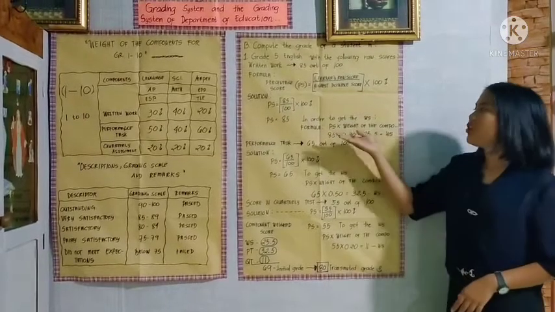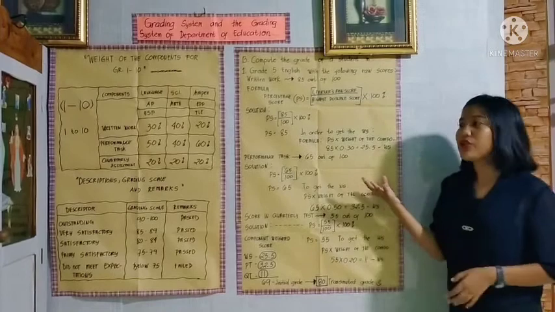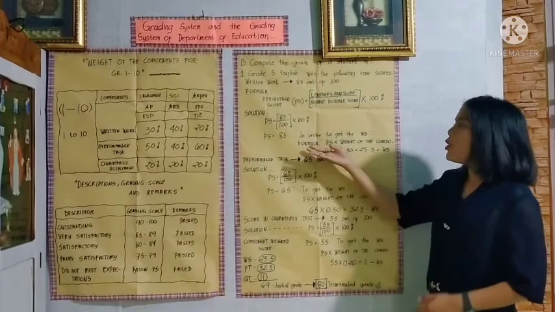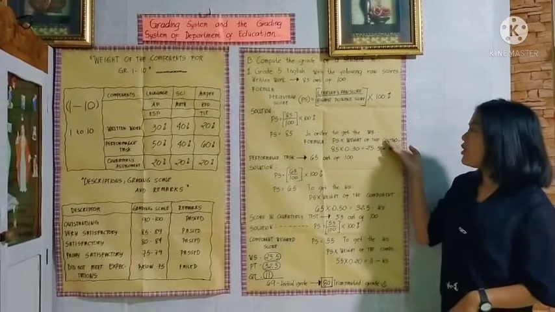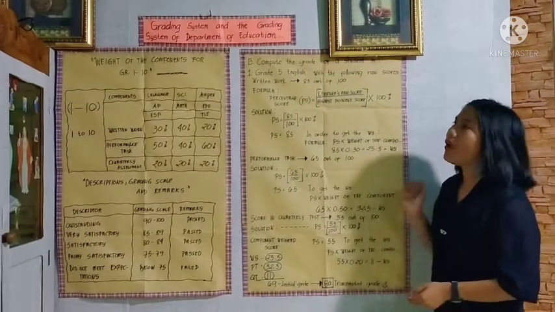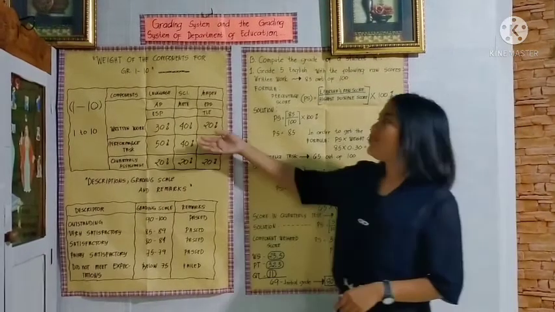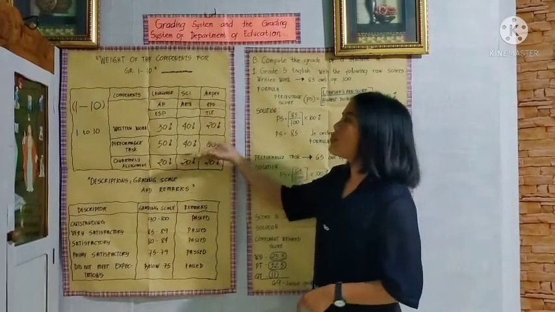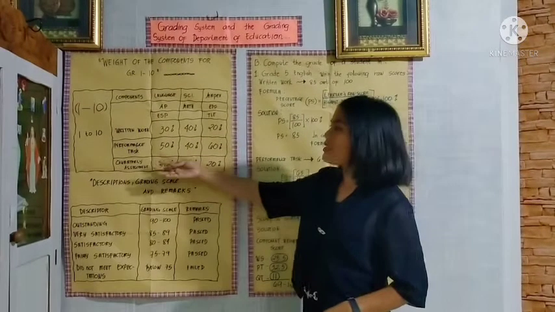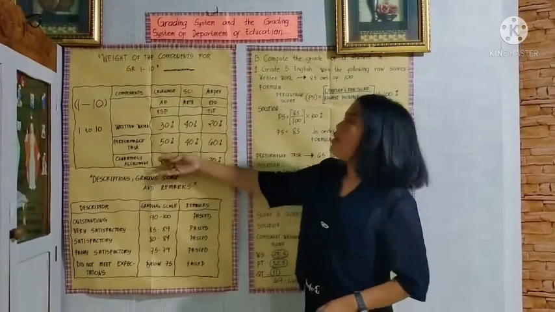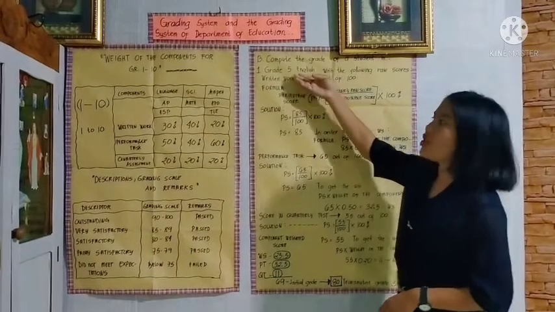In order to get the weighted score, we also need a formula. The formula is the percentage score times the weight of the component. If you're wondering where we get the weight of the component, in every subject there are corresponding weights of components for written work, performance task, and quarterly assessment. The subject being asked is English, so language.